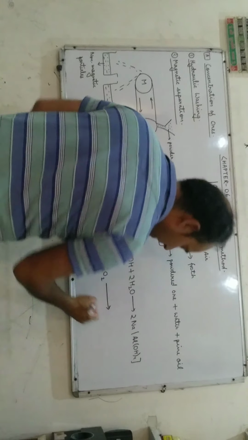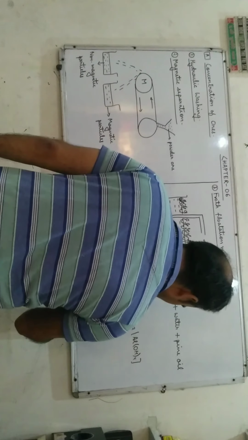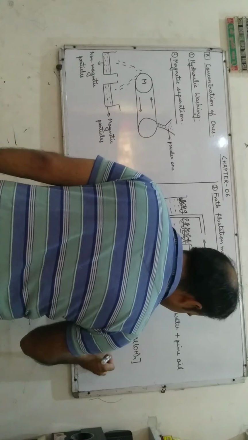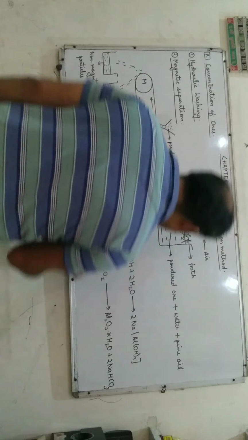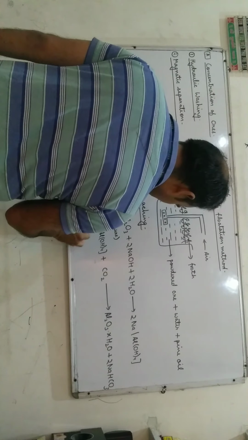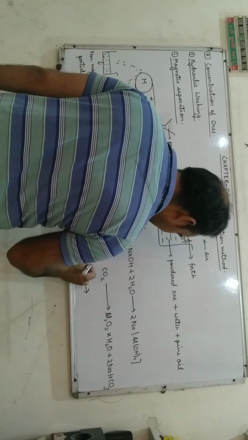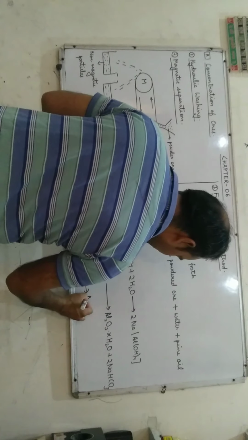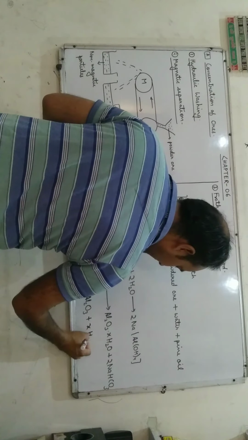Now this complex is neutralized by passing CO2 gas through it. We will obtain hydrated alumina along with sodium bicarbonate. In the next step, hydrated alumina on heating at 1470 Kelvin gives purified Al2O3 along with water.